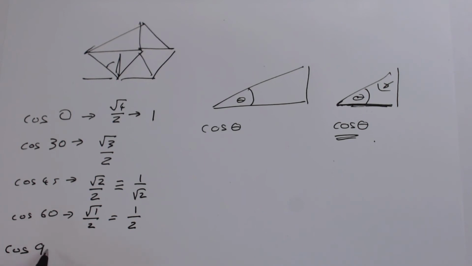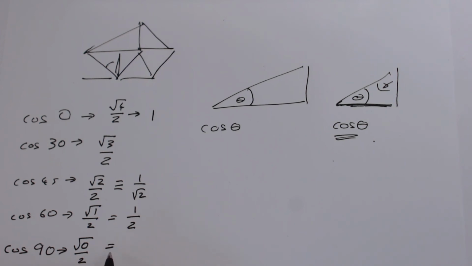Well, that of course is cos 90. So 1, let's drop that down again. So we're going to have 0. Square root of 0 is 0. 0 divided by 2 is 0. So there we go.